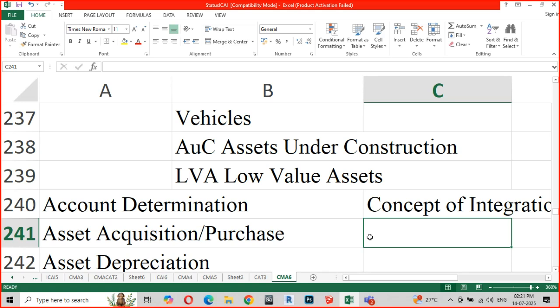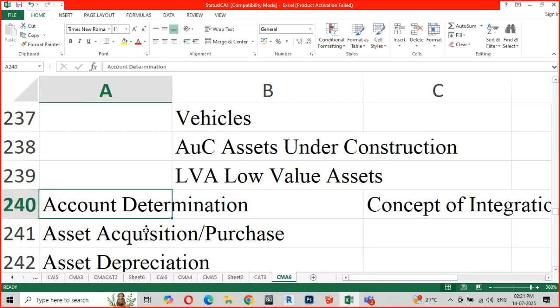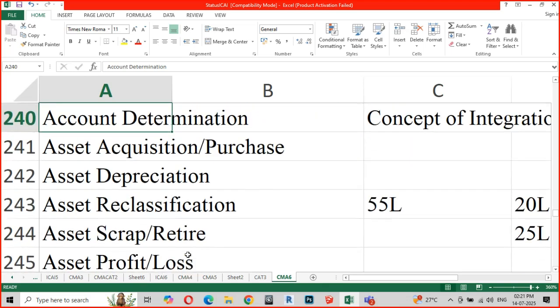Your integration between finance and purchase, finance and sales, finance and human resources, they are all intermodule integration, happening between different modules. Even these concepts happen through a concept called account determination.